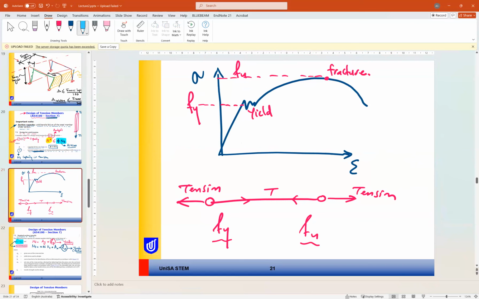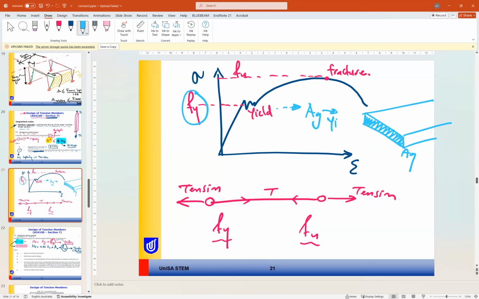The first formula, considering this part here, considers the gross area of the section, and the gross area will yield.